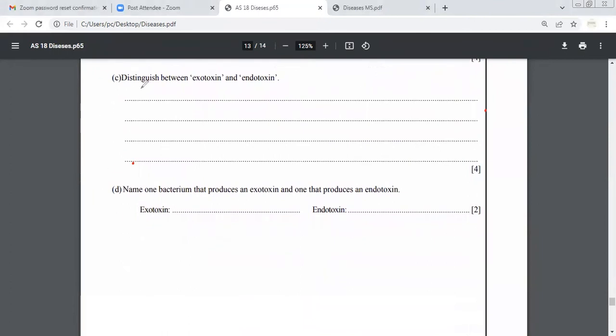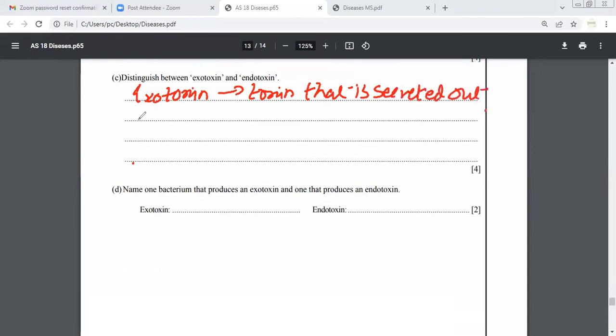Exotoxin is a toxin that is secreted out by the pathogen to damage host cells or tissue.